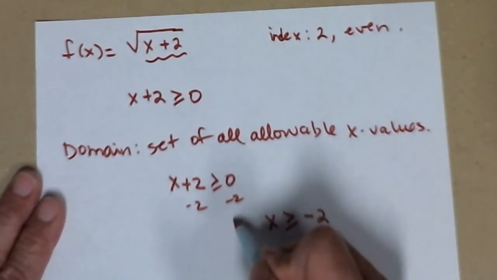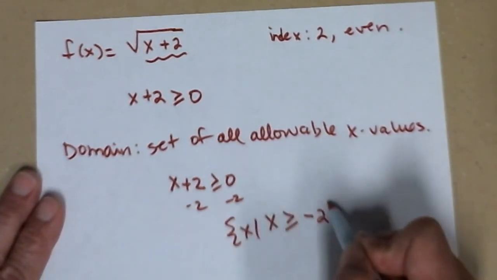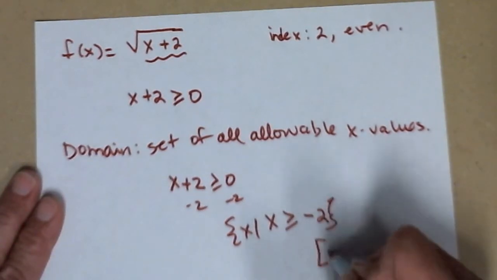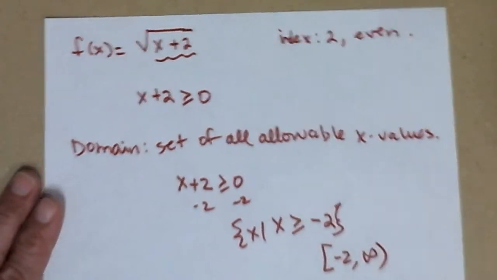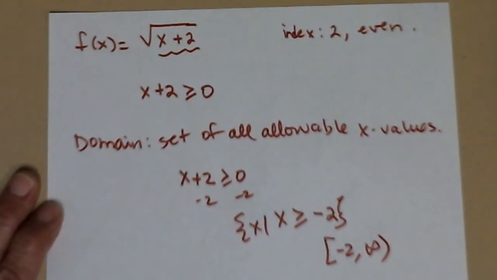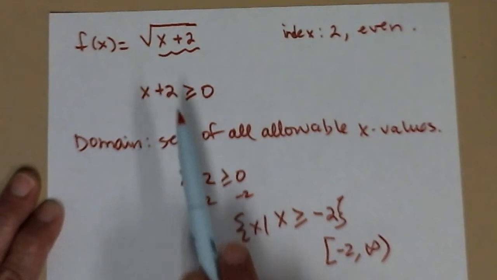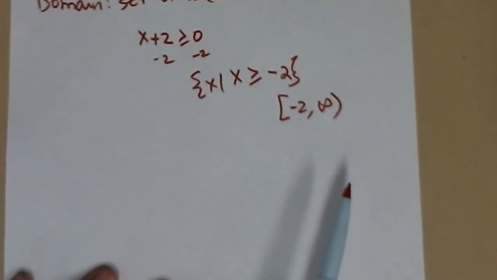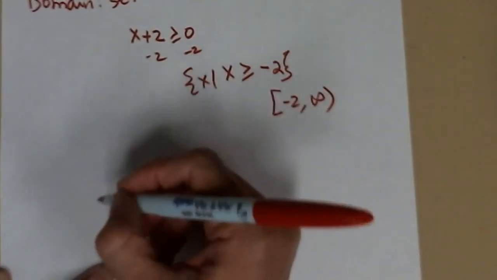That's the domain, with whatever notation your teacher calls on you to use. When your index is even, you'll probably have domain restrictions. There are some exceptions.